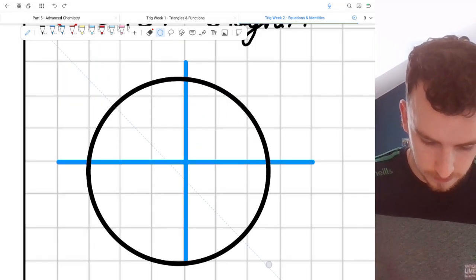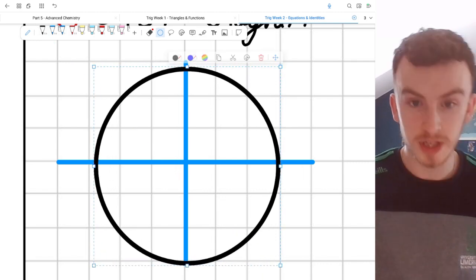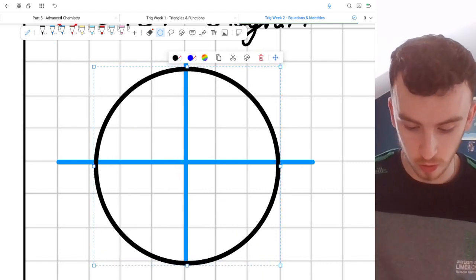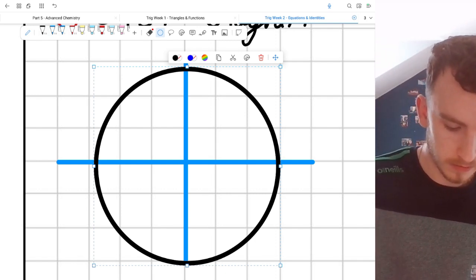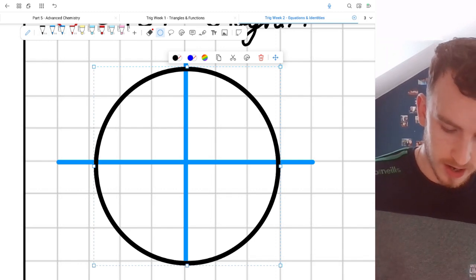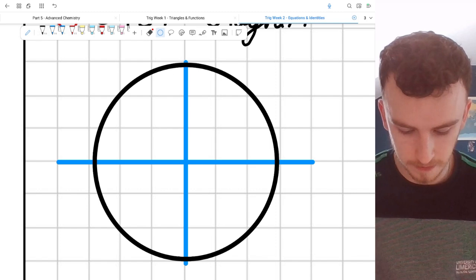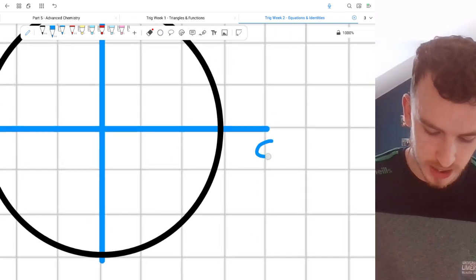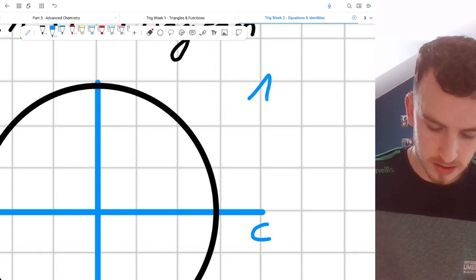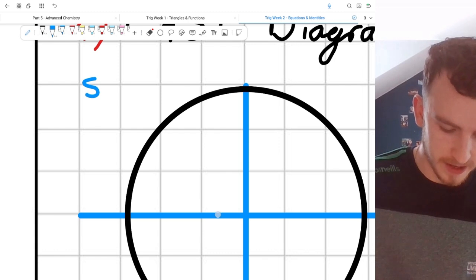So this is my unit circle. A unit circle is just a circle where the radius is 1. And you draw it in 4 quadrants like this, okay? So now you label these quadrants, right? So we label this one as C, this one is A, this one is S, and this one as T.